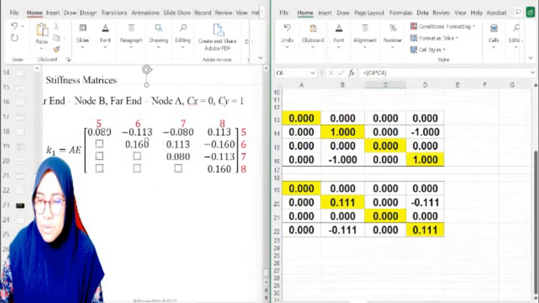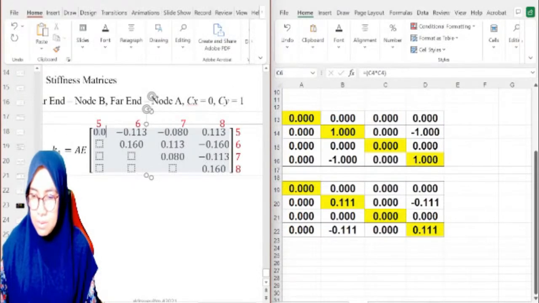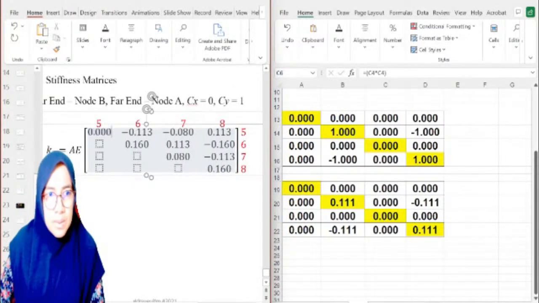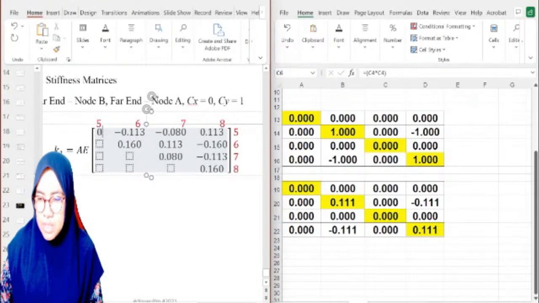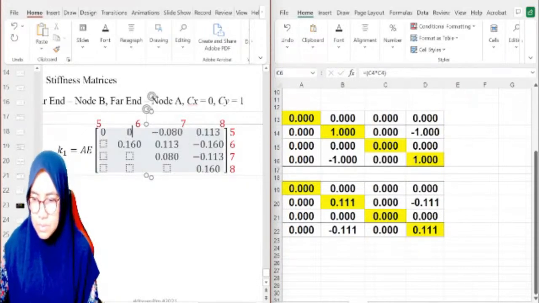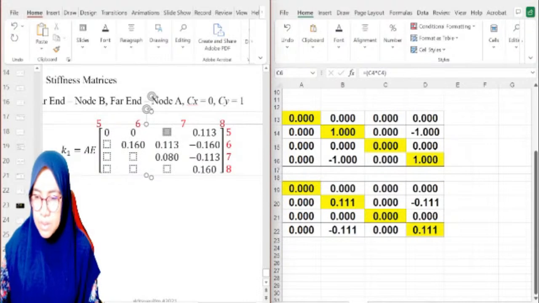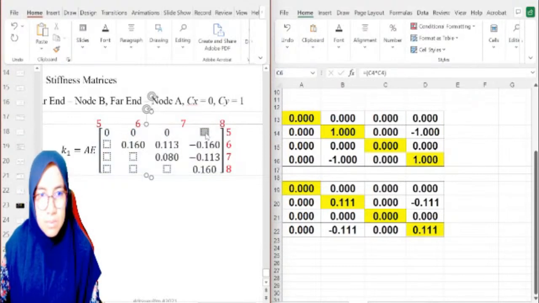So we have it like this. Actually, we don't need to put this, it is just 0. This is also 0, and 0, and 0.